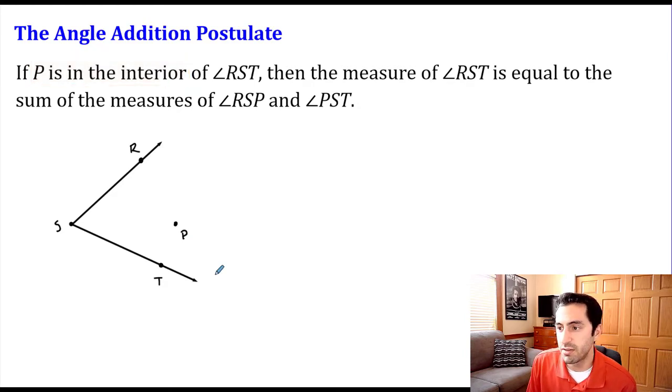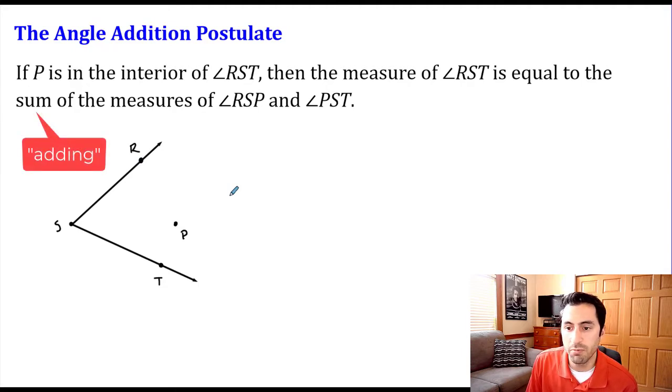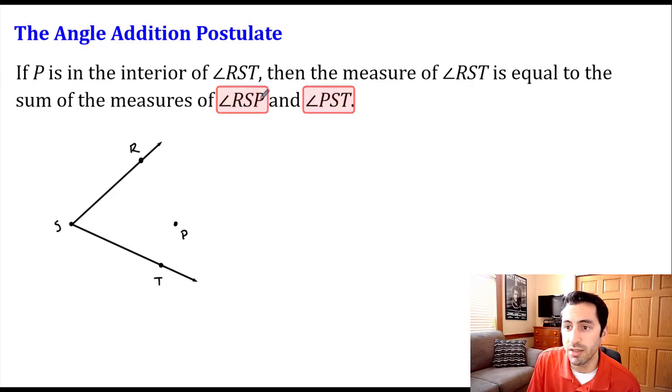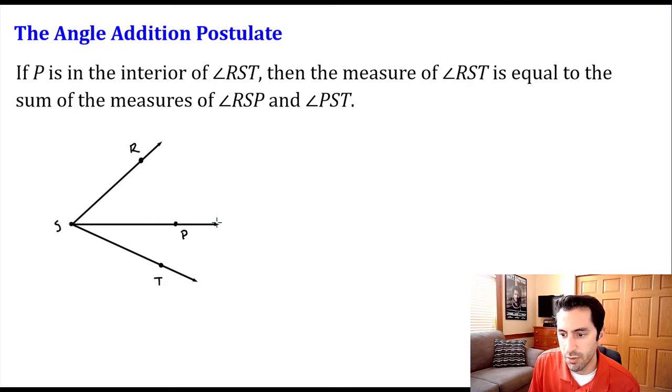Now the next part says, then the measure of angle RST, so that is the measure of the entire thing, is equal to the sum, which means addition, of the measures of these other two angles. When I look at these other two angles, they both include that other point P. So let's put in one more ray. So we have another ray that's going from S through P. Drawing that one in, now we have two separate angles here.